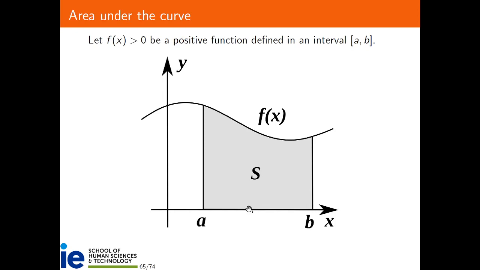Let's look here. Suppose I have c somewhere here, then I could divide this area into two sides, and this would be the integral of the first part plus the integral of the second part, which makes sense.